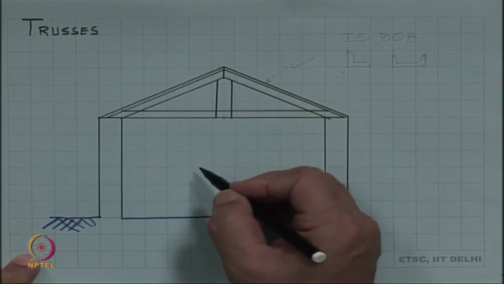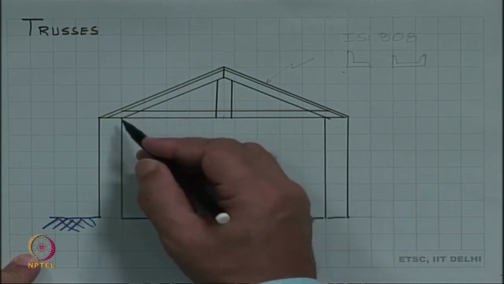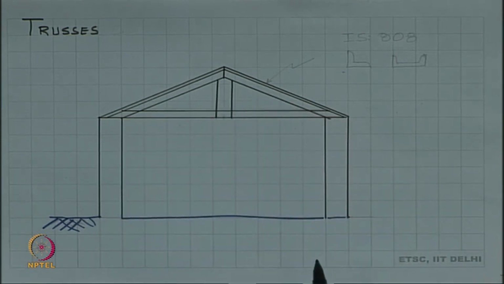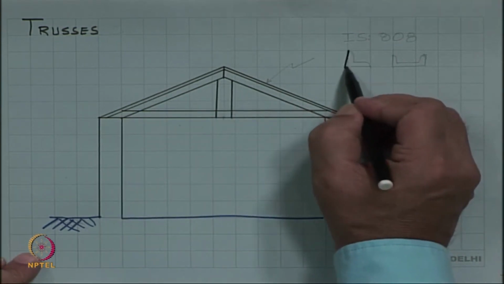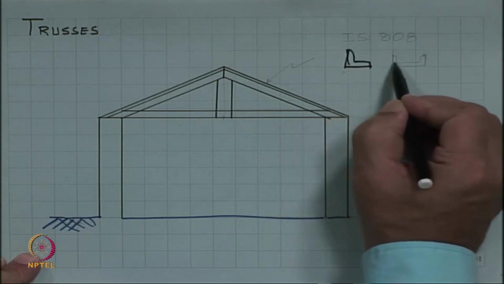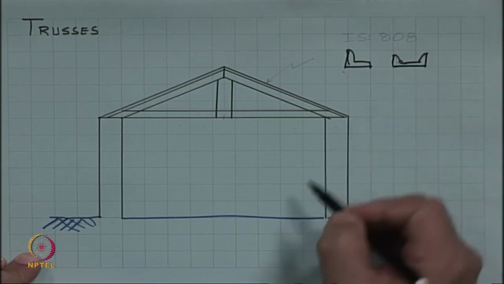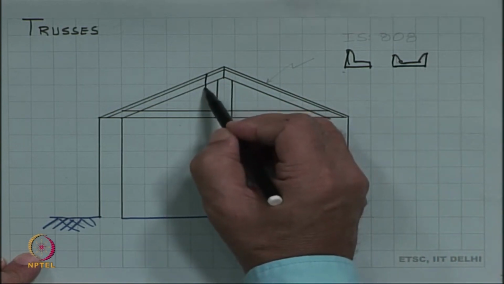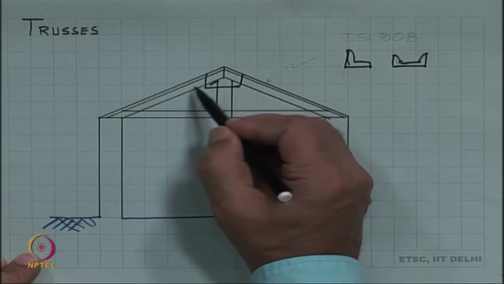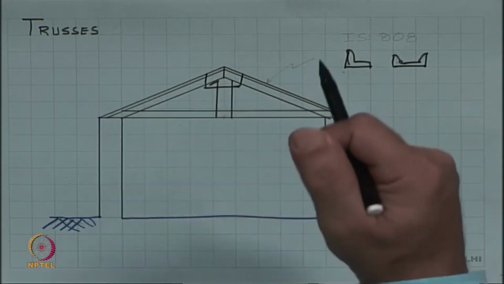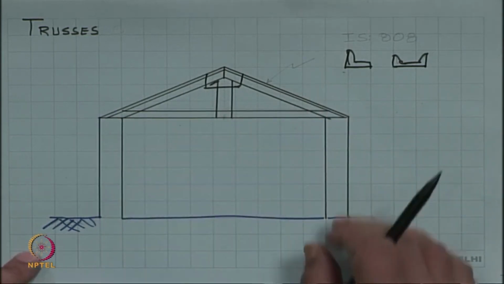These are called trusses. They are made by welding together pieces of various types of sections like angles or channels, and they put plates over there to which they are welded, and like this truss is put together and placed in position.